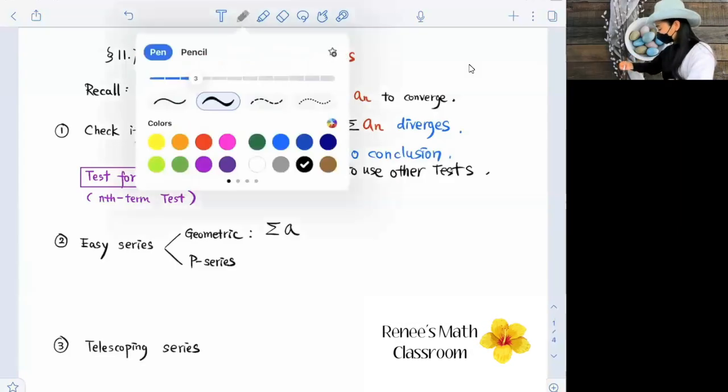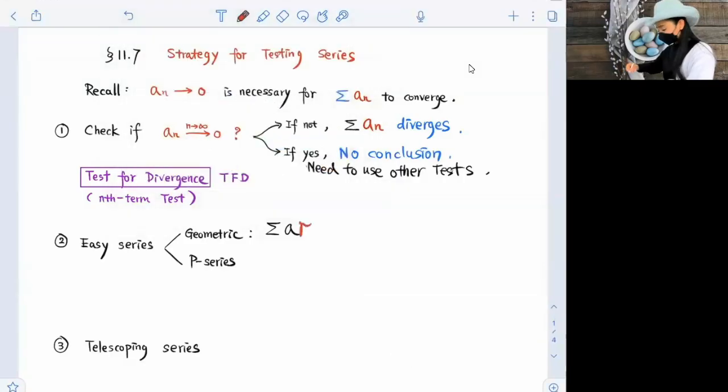A times r to the n minus 1 power, or n plus 1 power, or n power. So this is a geometric series, and the r here is the common ratio. When will a geometric series converge? If and only if what?